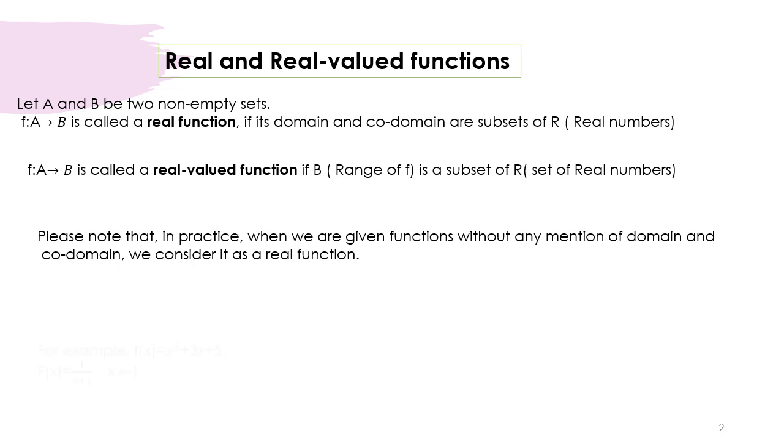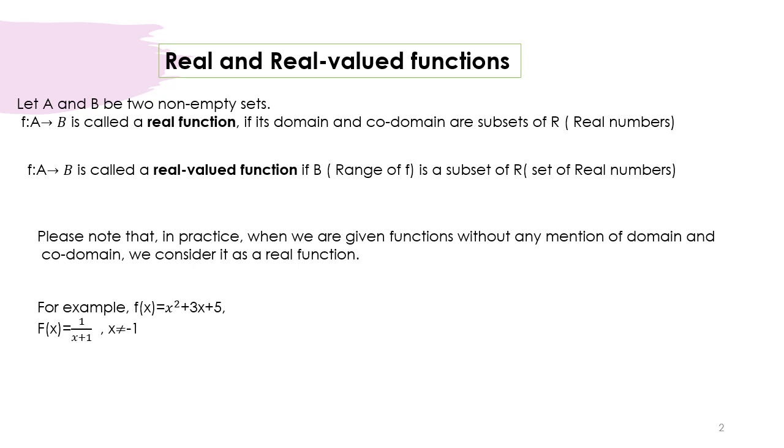Suppose you are given f(x) = x² + 3x + 5, or f(x) = 1/(x+1) where x is not equal to -1. In such cases, we are not given f from A to B, I mean f from domain to codomain. Here domain and codomain are not mentioned.